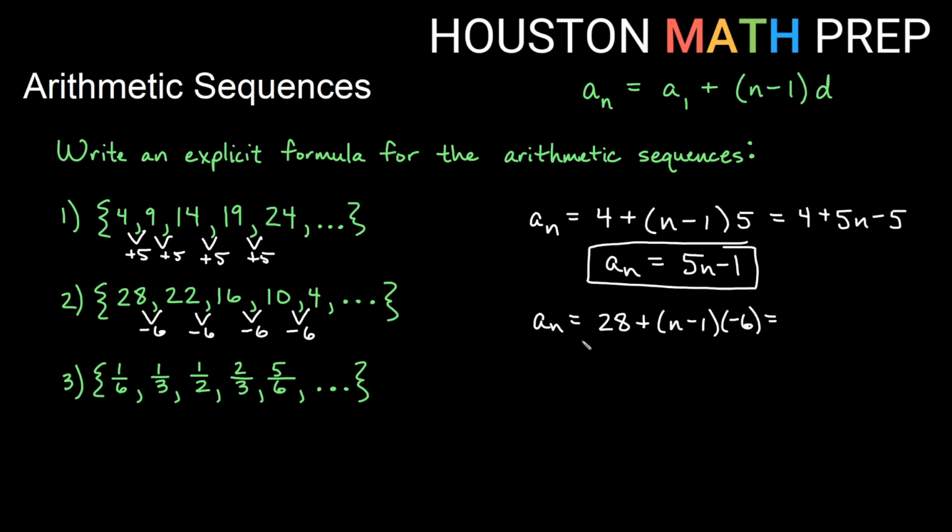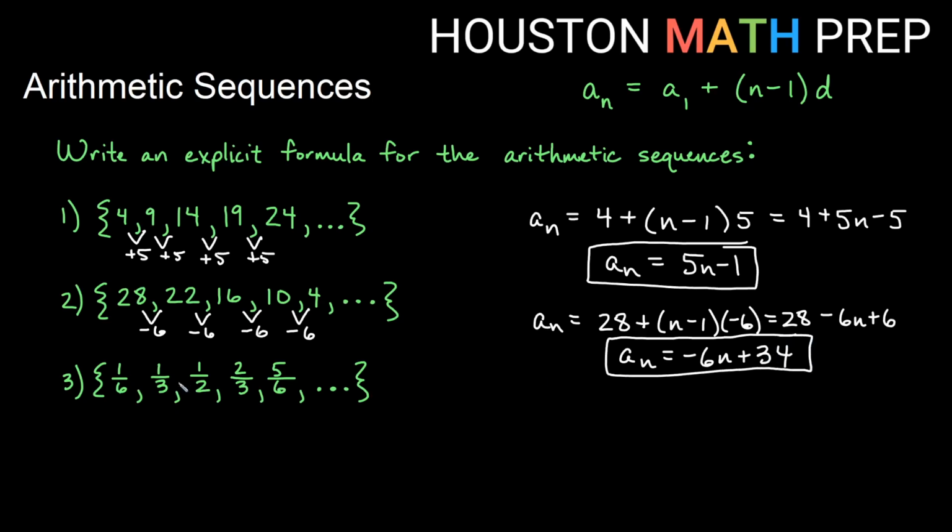I could distribute the negative 6 if I prefer and say 28 minus 6n plus 6, and then combine like terms, and we could say a sub n is equal to negative 6n plus 34.